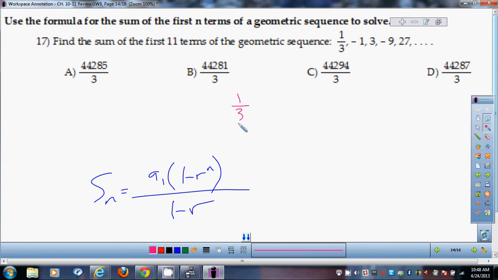Yeah, or you can take any term divided by the previous. It might actually be easier to take -9 divided by 3, which would be -3. And what's my n value? There you go. And then just divide it by 1 minus r. Now, anybody, punch that into the old calculator and let me know what you get.